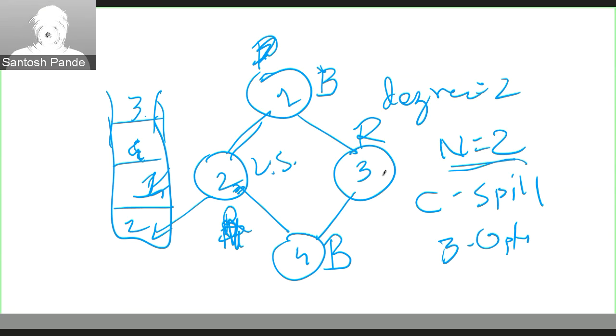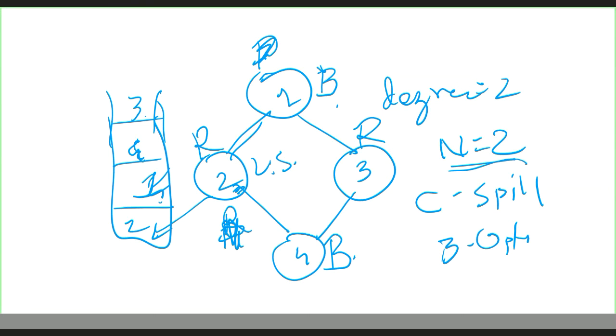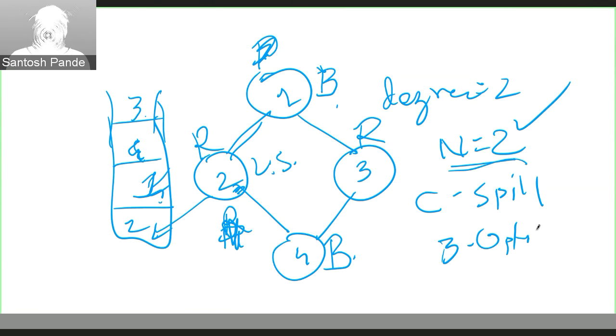First is 3, that is red. 4, blue. Number 1, blue. Number 2, red, because it will have to be different. So you can see that this is 2 colorable, and the optimism paid off because obviously there's no clique here.